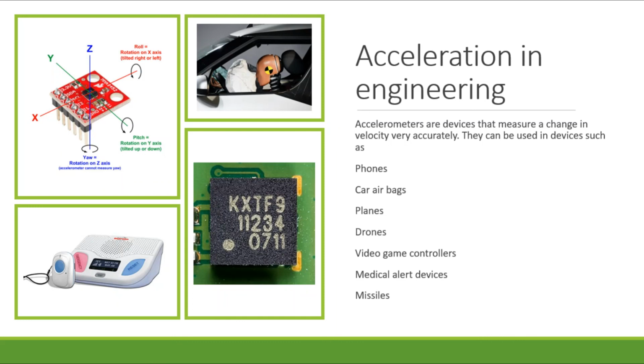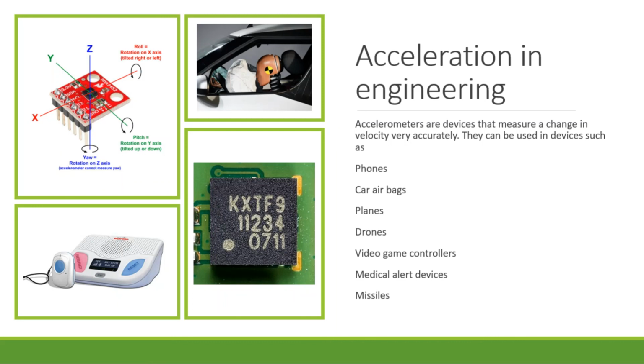So they can be used in devices such as phones, car airbags, planes, drones, video games, medical alert devices, and even missiles. So what is an accelerometer? Well, it's just a small chip that allows you to measure the change in velocity in X and Y and Z. And it can measure how far it's been rotated in any of those directions, or if it's just moved in them.